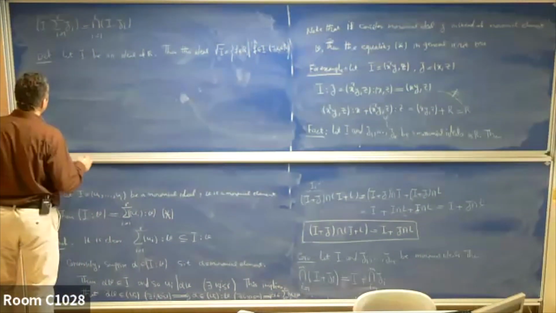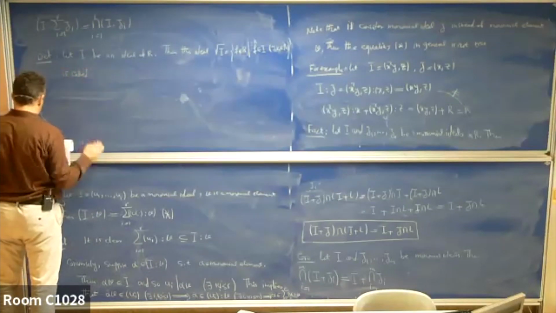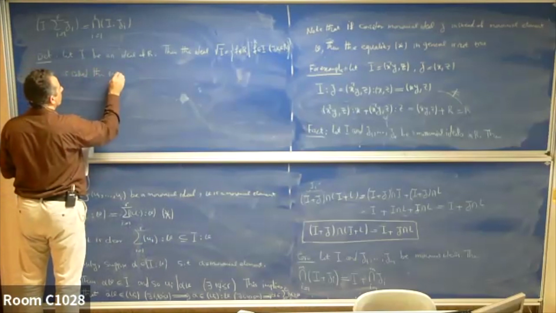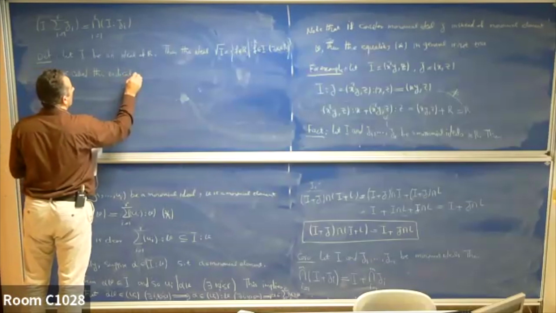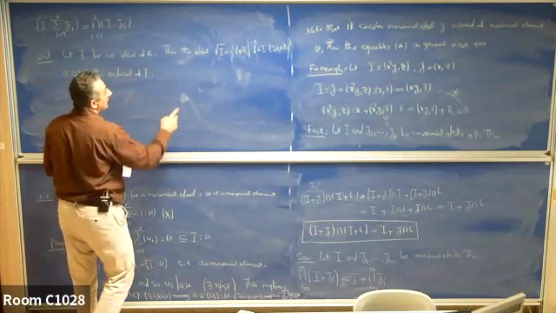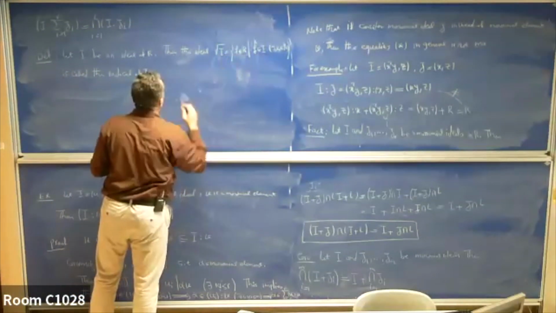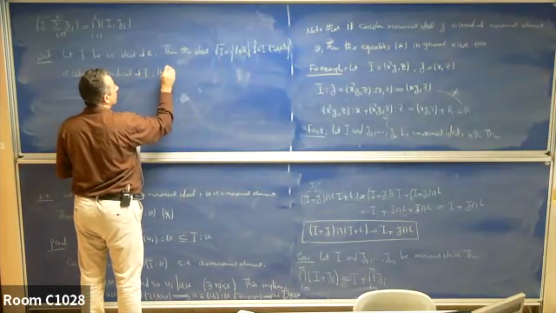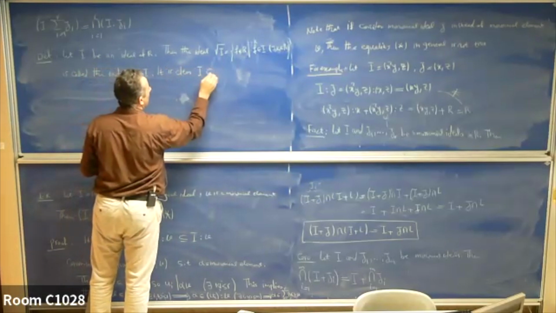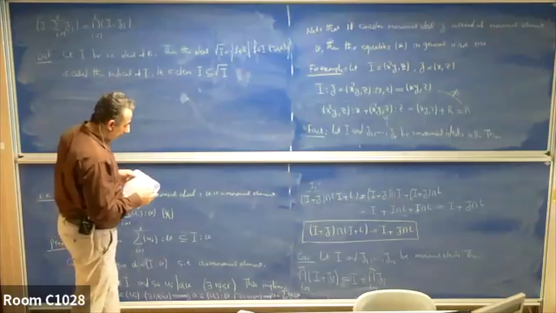It's called the radical of I. And it's clear every element of I is in the radical, so I is contained in the radical.